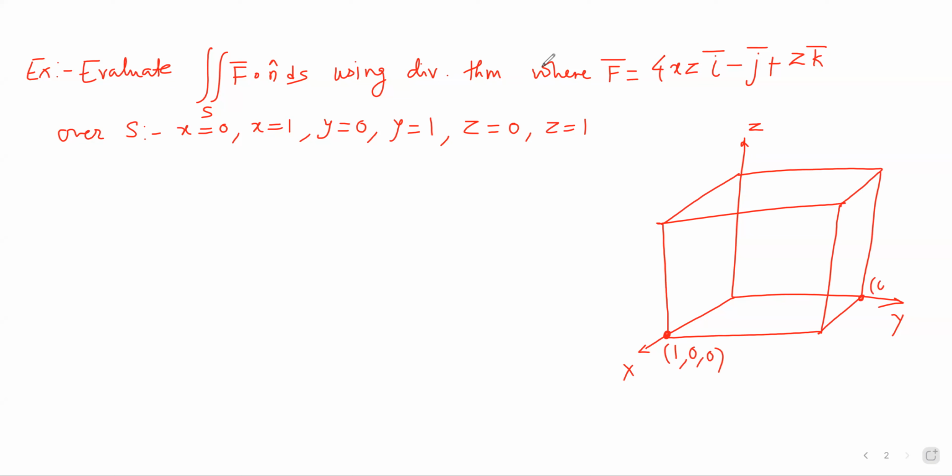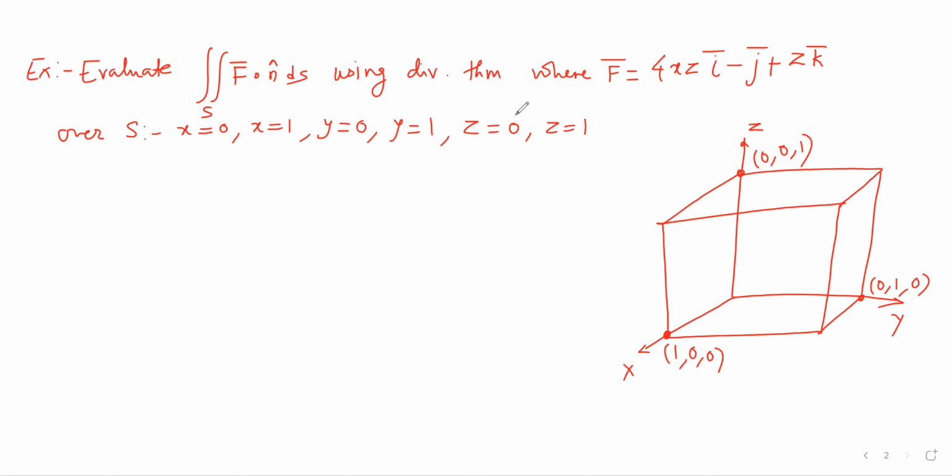This point is 0, 1, 0. And this point is 0, 0, 1. Correct? So these are all two-dimensional planes, and they are just intersecting. Since the commas are there, you have to consider all of them. So the surface is bounded by these planes, and they are all coordinate planes.